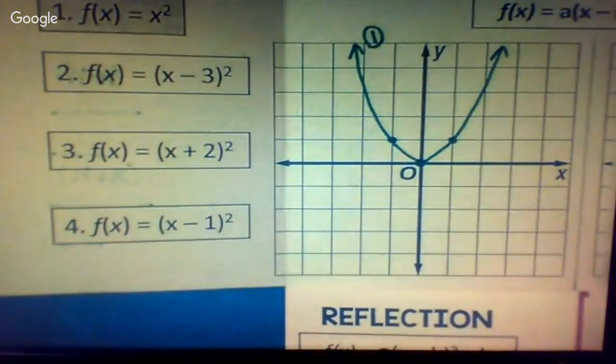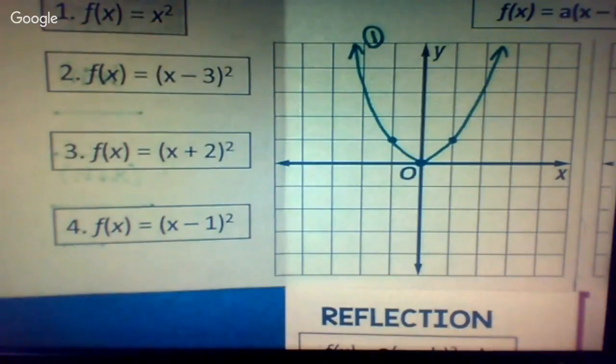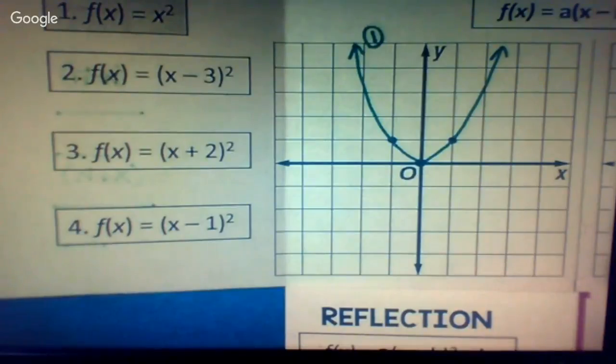And number 1, so you know what graph's going with what picture. Okay. Take a look at graph number 2. It says f of x equals x minus 3 quantity squared. So my number's on the inside of the parentheses, so that should automatically tell you my graph's moving to the left or to the right.